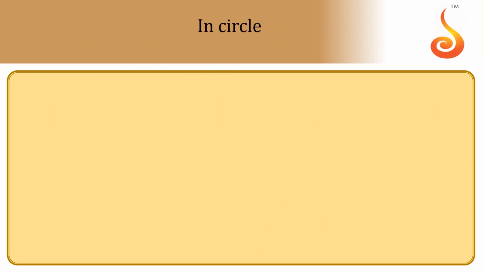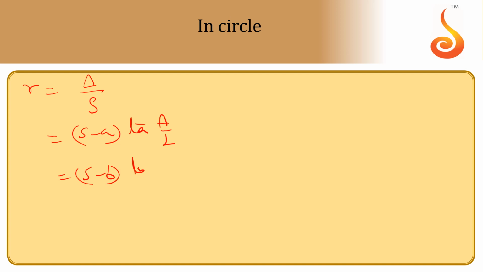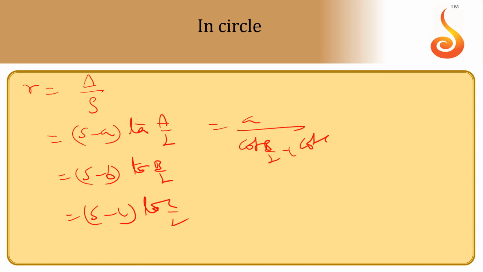In circle, you know that is nothing but small r. Small r is inradius, which is area by semi-perimeter. And you have using lengths of tangents also, (s minus a) tan A by 2, (s minus b) tan B by 2, (s minus c) tan C by 2, and you have a by cot B by 2 plus cot C by 2.